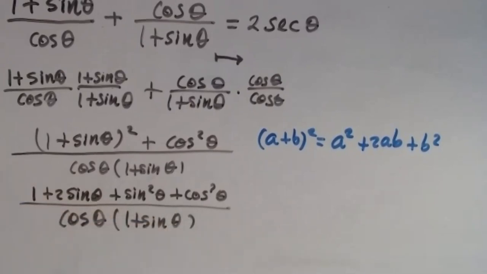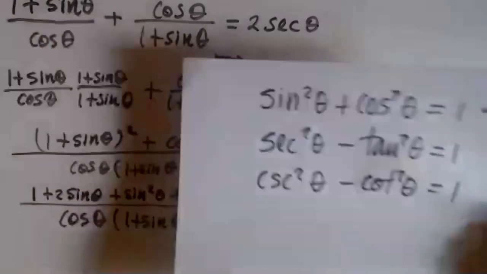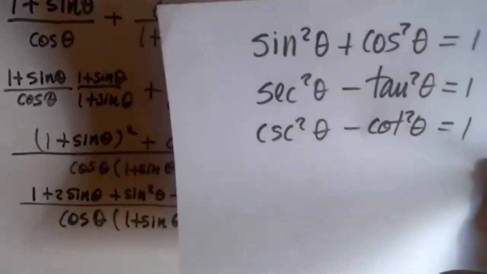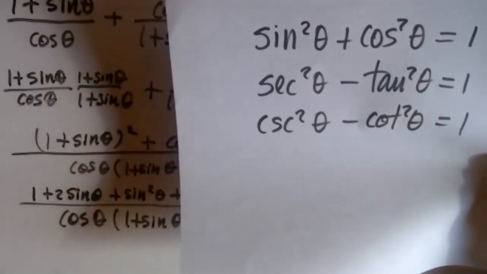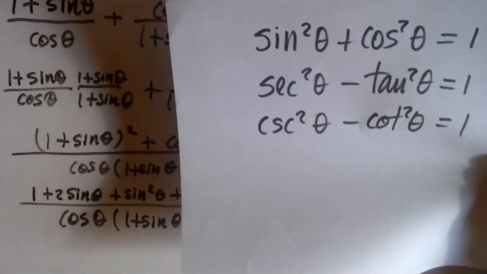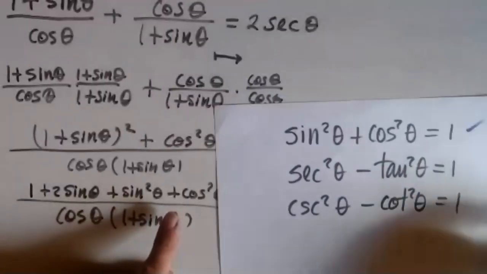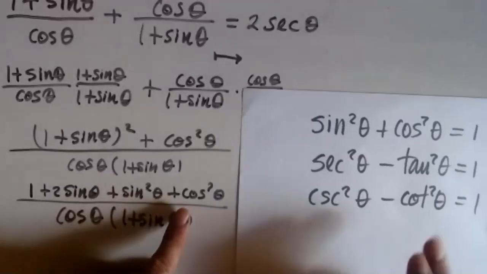Okay, now, something to simplify at the top. Well, I have to remember my best identities, these ones. Sine squared plus cosine squared equals 1, secant squared minus tangent squared equals 1, cosecant squared minus cotangent squared equals 1. Now, this one is right here, you see? So I can change this by 1.